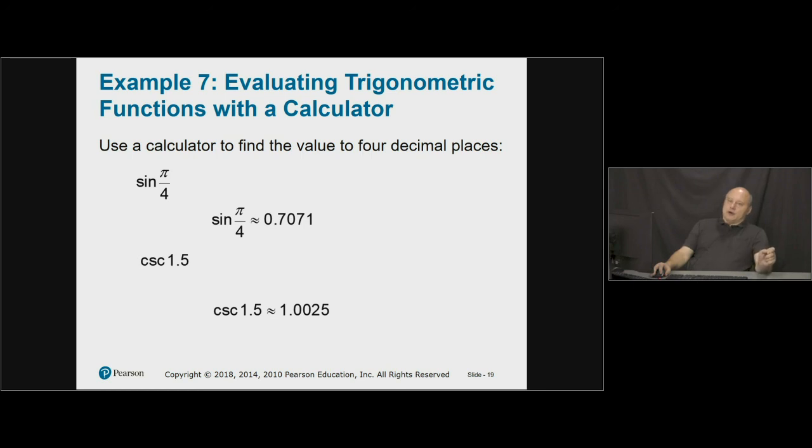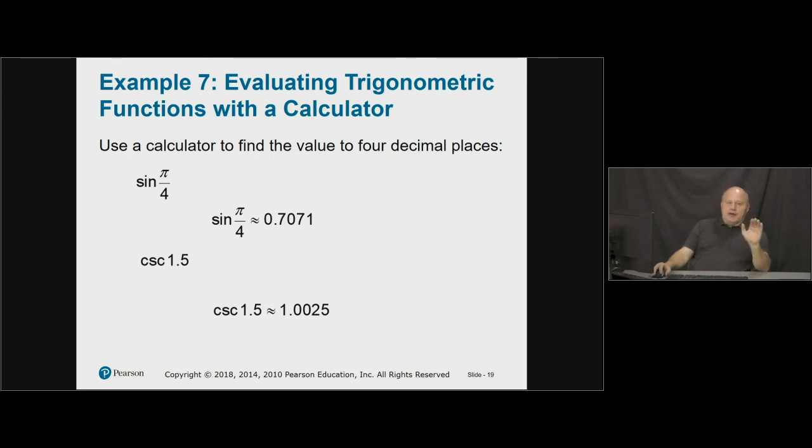So to do a cosecant, what is cosecant? Oh, it's 1 over sine. So on a calculator, you would have to punch that in. You'd hit 1 divided by, hit the sine function, and most calculators will automatically open up a parenthesis for you. Then you punch in 1.5 and close the parenthesis.